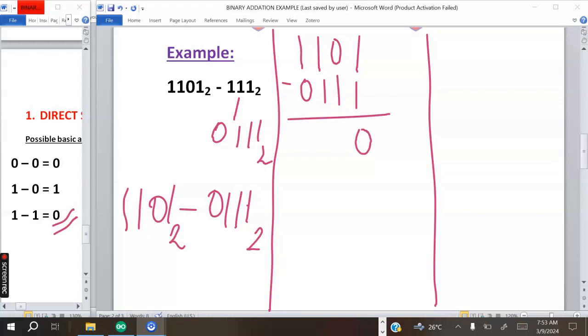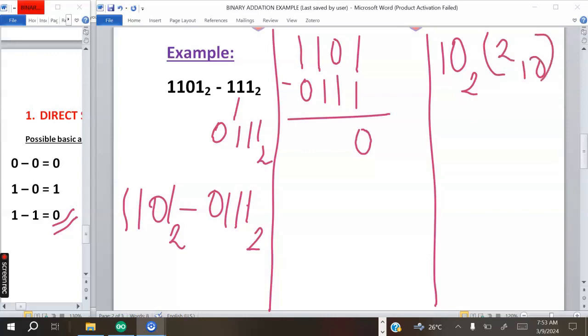We have 0 minus 1. Remember, 0 is less than 1. Therefore, we will borrow 1 from the immediate left value. So after we borrow 1, we will have 10 base 2, which is the same as 2 in base 10.